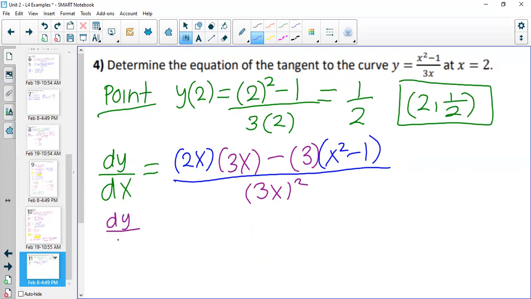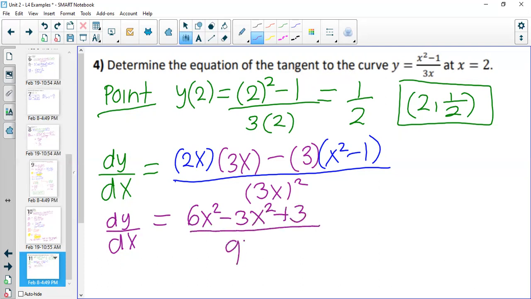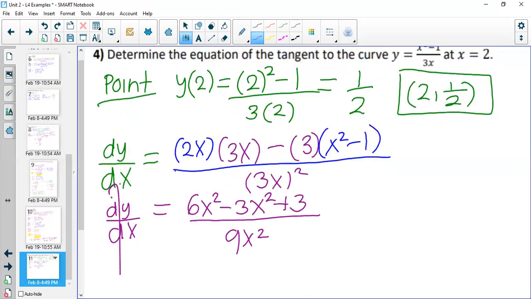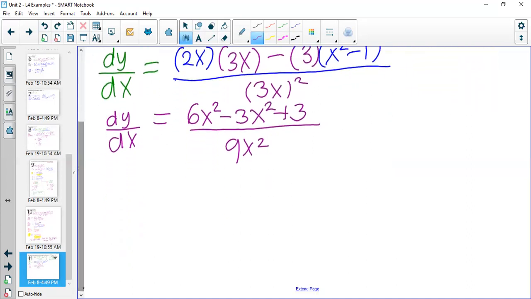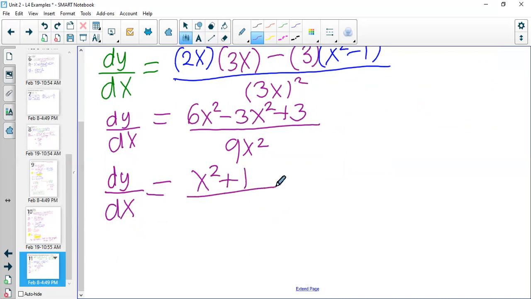So dy over dx is equal to 6x squared minus 3x squared plus 3 over 9x squared. When we simplify that and get rid of the common denominator, I have dy over dx is equal to x squared plus 1 over 3x squared.